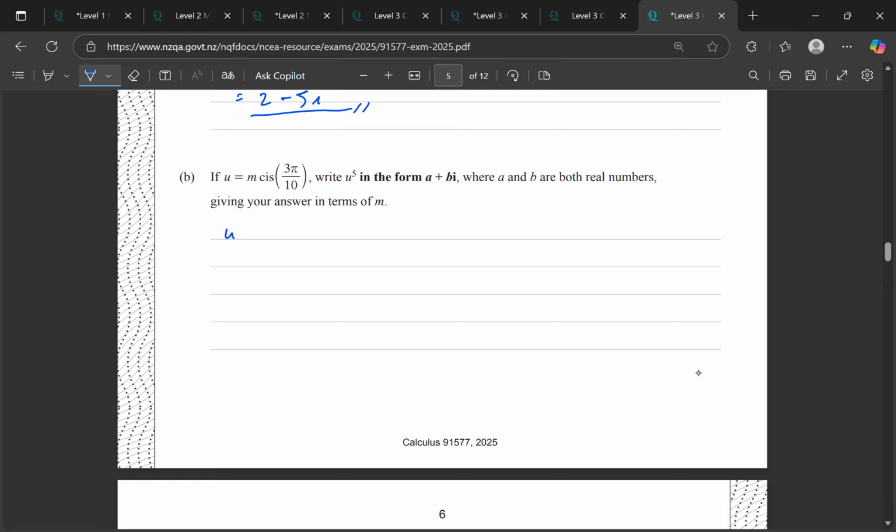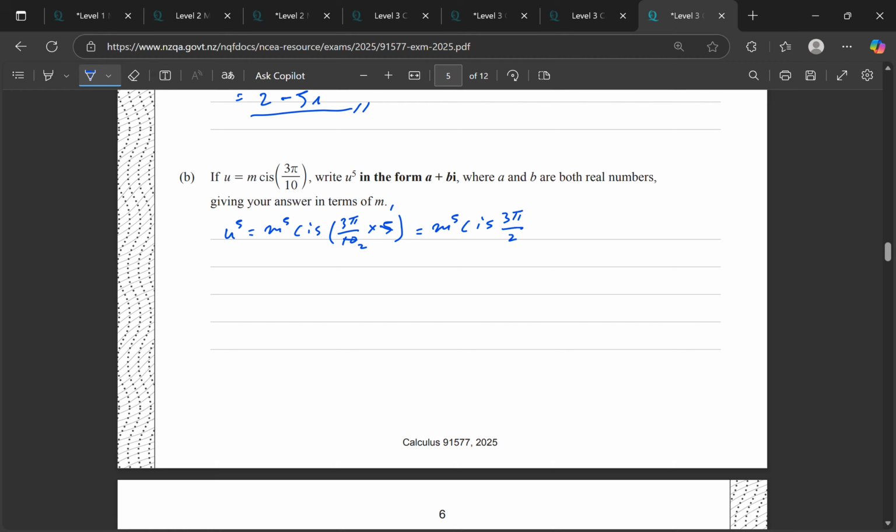U to the power of 5 becomes m to the power of 5 cis 3 pi over 10 times by 5, isn't it? Right? So that is 3 pi over 2. So that becomes m to the power of 5 cis 3 pi over 2.